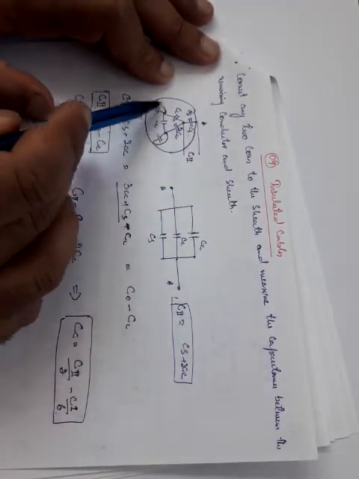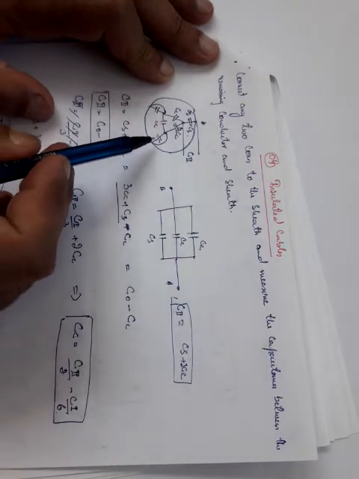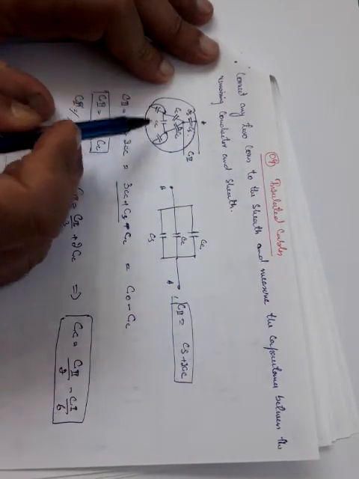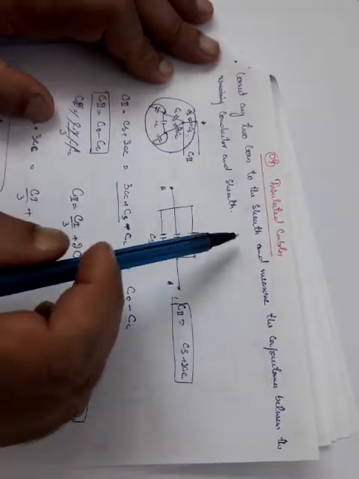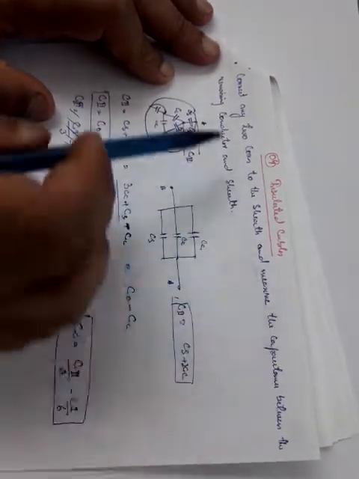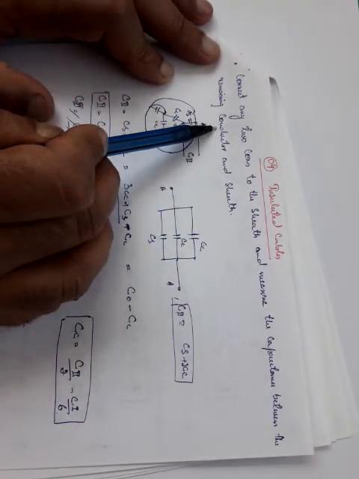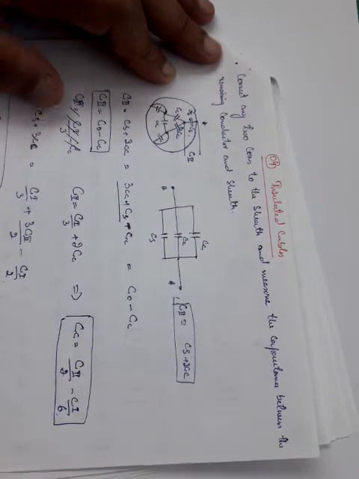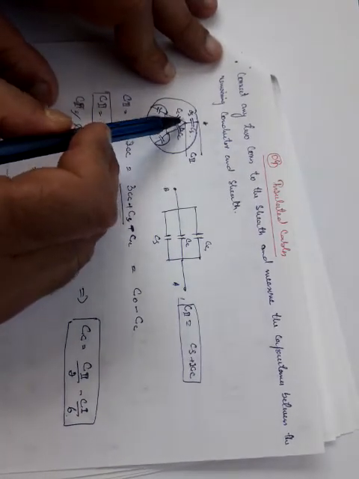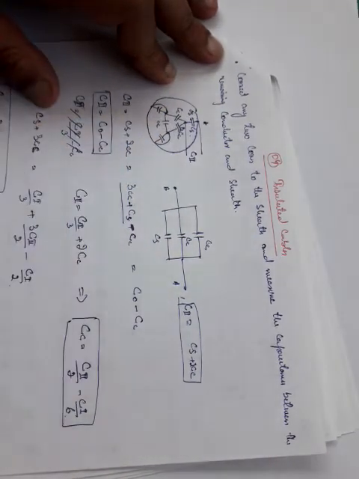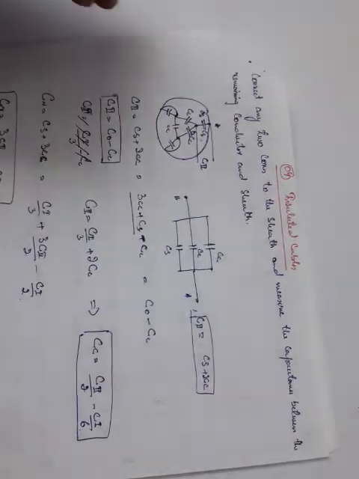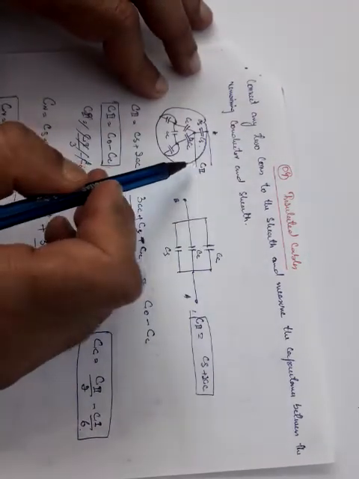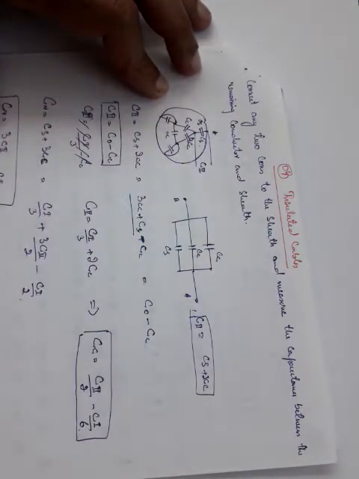That means we are shorting these two capacitances, these Cs and Cs. We are shorting them, and measure the capacitance between the remaining conductor and sheath. The remaining conductor is only this conductor, and then we measure the capacitance between this and this. This will be the C, let us say, second.